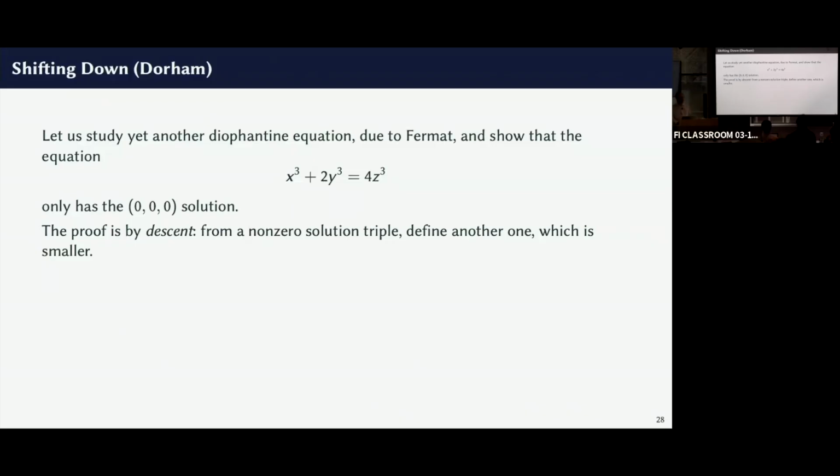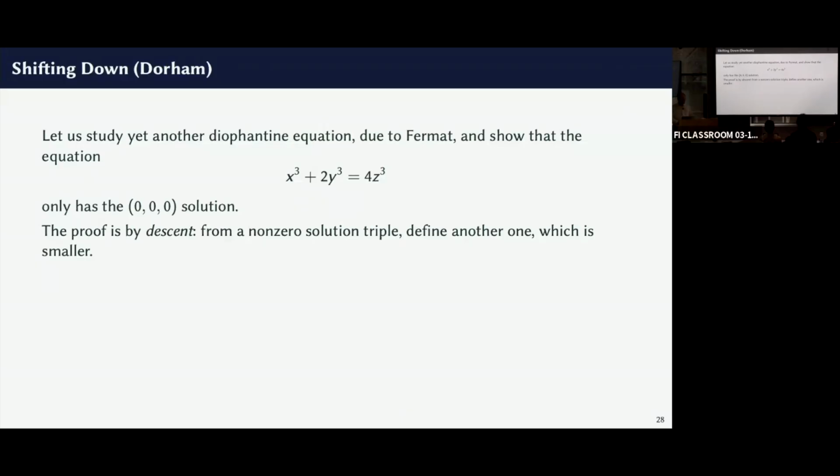The proof is by descent, something that Fermat essentially invented. The idea is you take a non-zero solution triple and you build another one which is smaller in some sense. If you could go on once more, you'd get an always decreasing sequence of solutions, and it cannot happen for natural numbers.